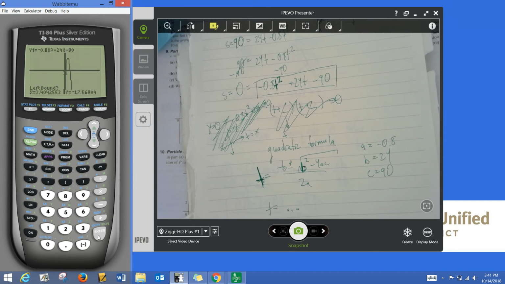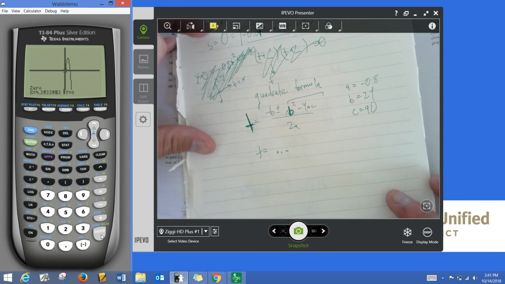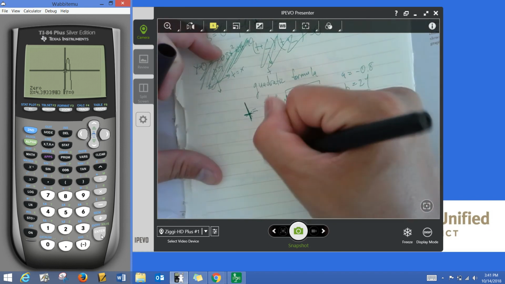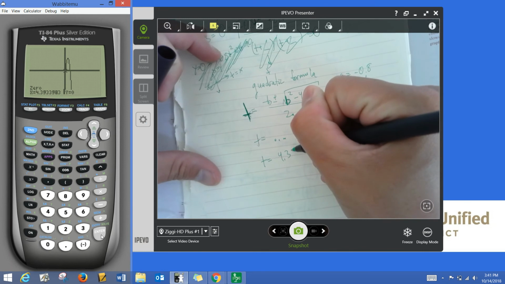Press enter. Left bound, you're going to trap this point. Press enter. Right bound, you go to the right and trap it to the right of the x coordinate. Guess, you press enter. So that's one possibility: t is equal to 4.3933 seconds.